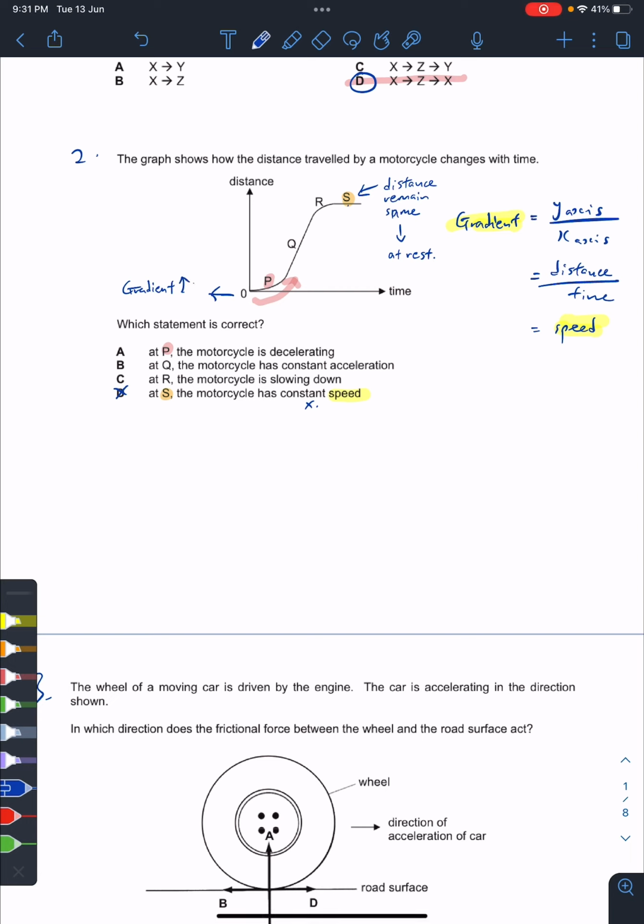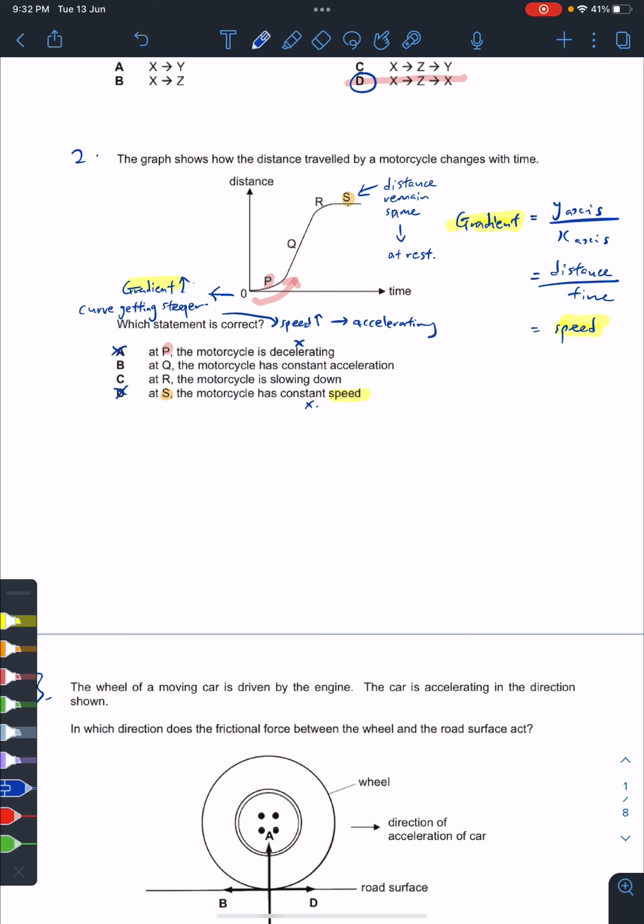How do you tell that? Because the curve is getting steeper. And remember, gradient means speed. So gradient increase means speed increase, that means accelerating, isn't it? So the word decelerating is wrong.